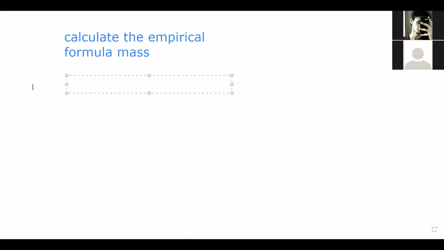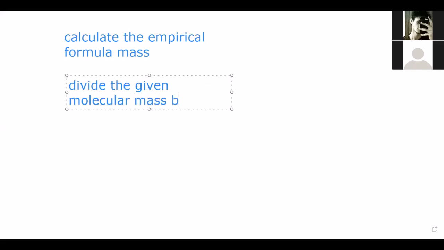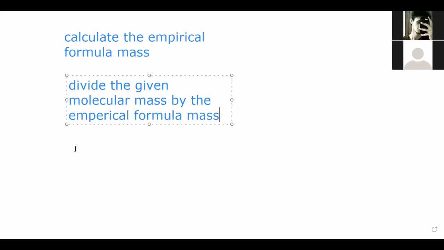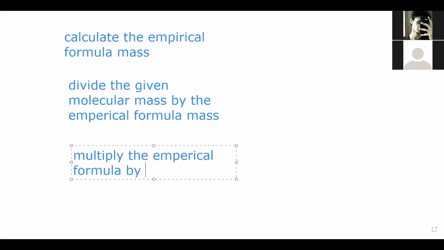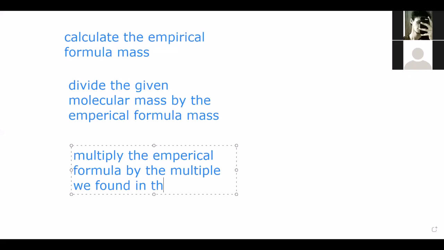Then we divide the given molecular mass by the empirical formula mass, and lastly we multiply the empirical formula by the multiple we found in the last part.